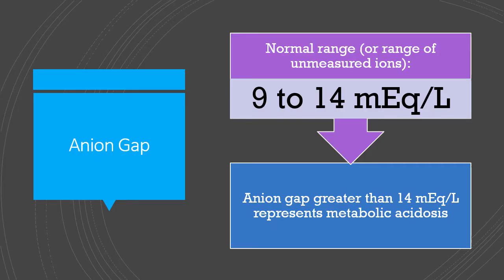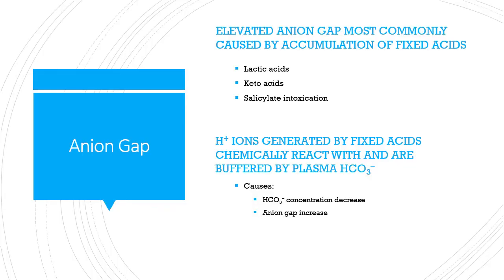The normal range for an anion gap is 9 to 14 milliequivalents per liter. An anion gap greater than 14 milliequivalents per liter represents metabolic acidosis. An elevated anion gap is most commonly caused by an accumulation of fixed acids, lactic acids, ketoacids, or salicylic intoxication.